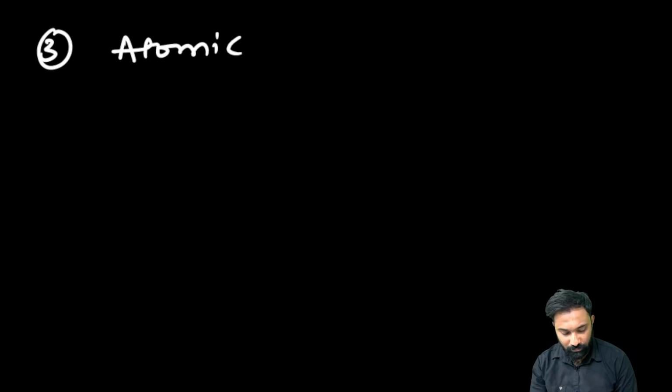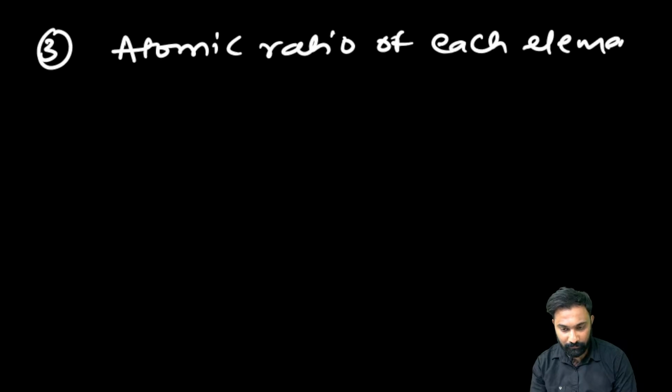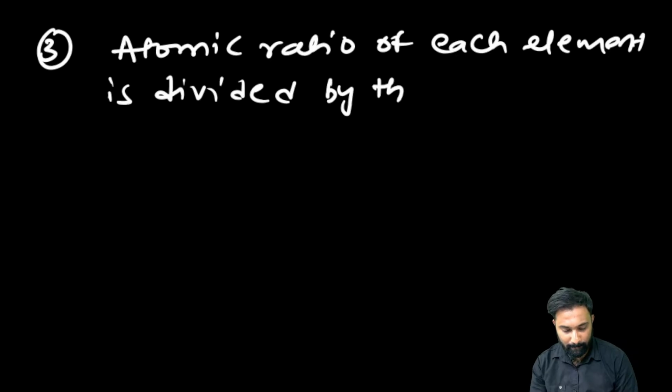Now the atomic ratio of each element is divided by the minimum value.